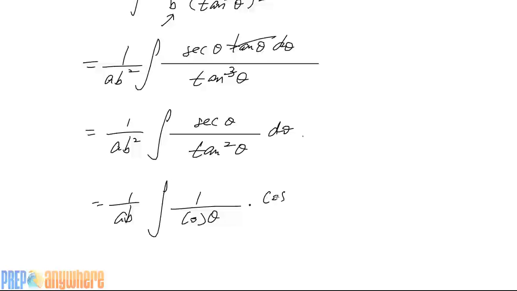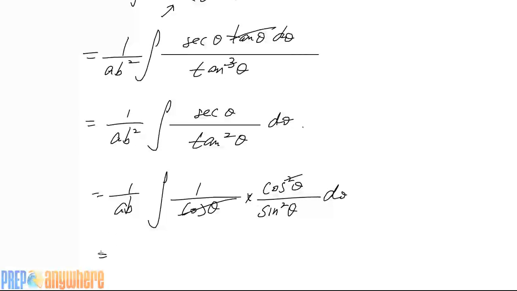Since it's divided by tangent, as a multiplication it's going to be cosine squared theta over sine squared theta. So we can reduce that, and we have cosine of theta over sine squared theta d theta.